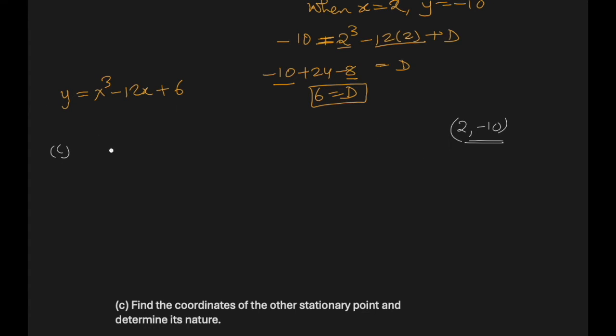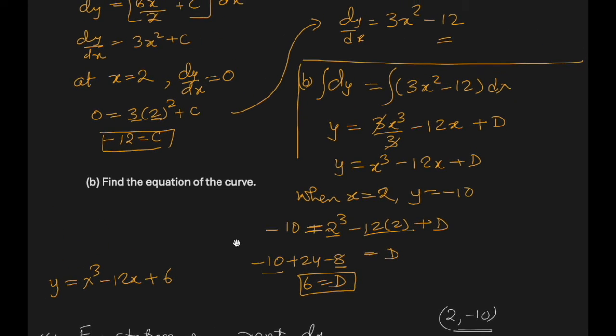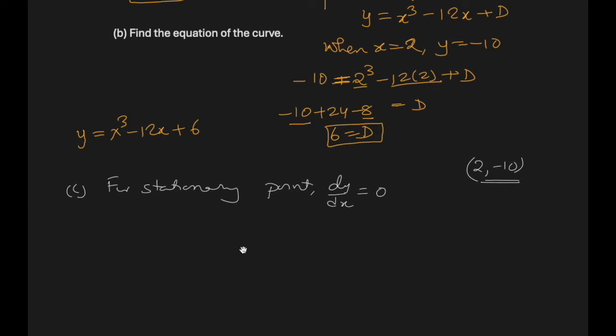So we're doing C part, and we can write that for stationary point dy over dx has to be equal to 0, and dy over dx was known to us in previous part, which was 3x square minus 12.